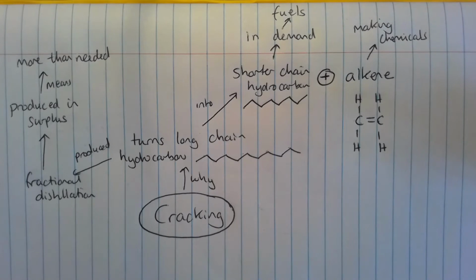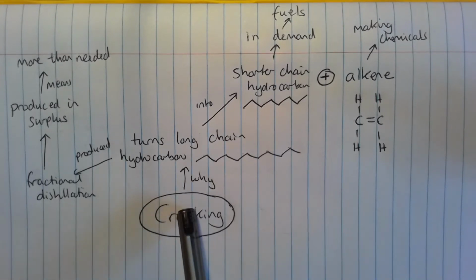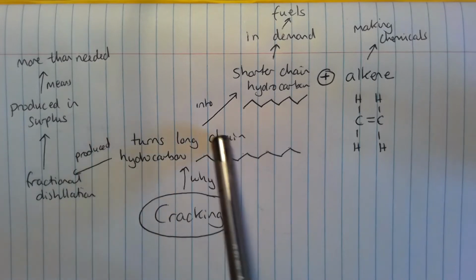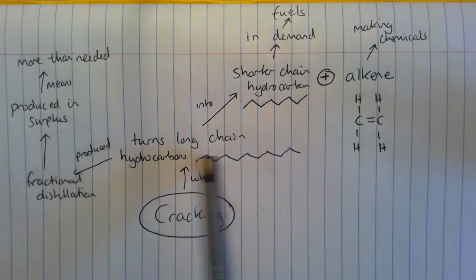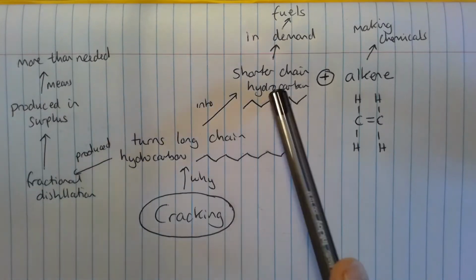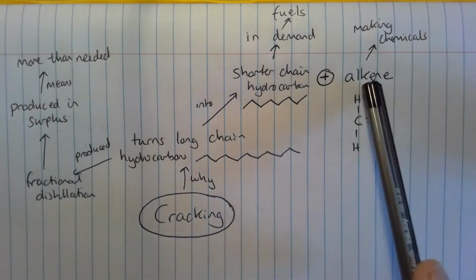So I'm just going to summarise what we've done there. So during the process of cracking, we do it because we're turning long chain hydrocarbons into shorter chain hydrocarbons and an alkene.